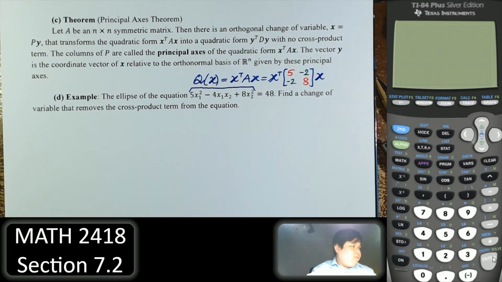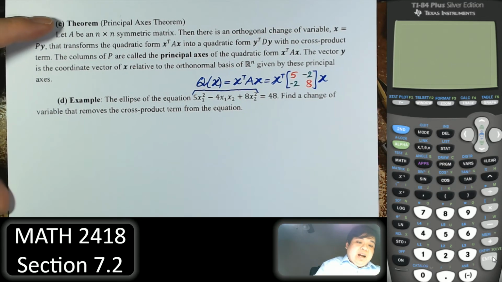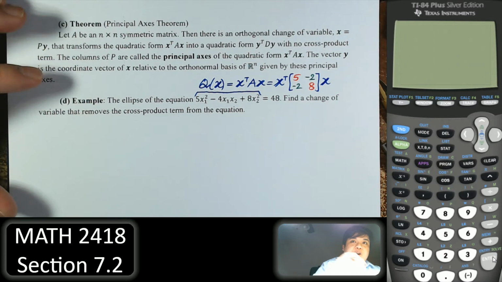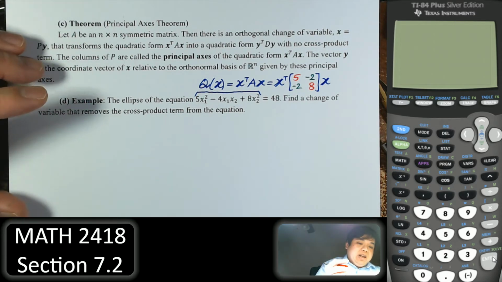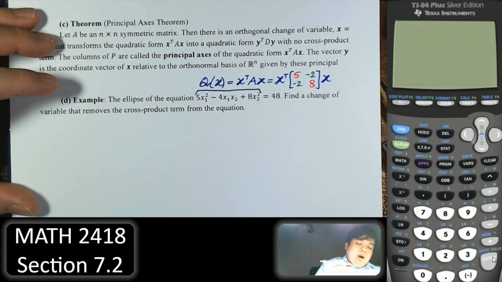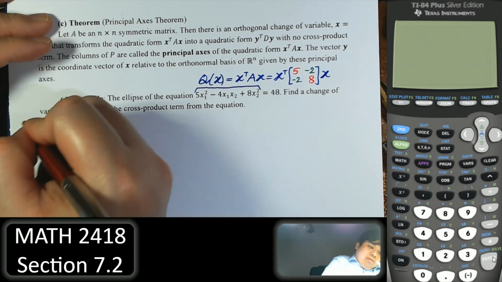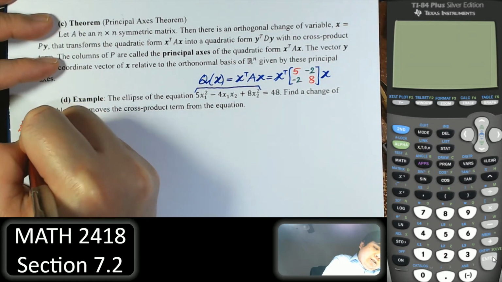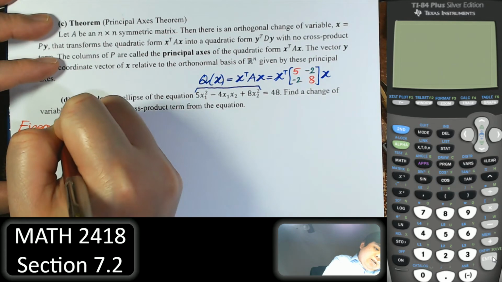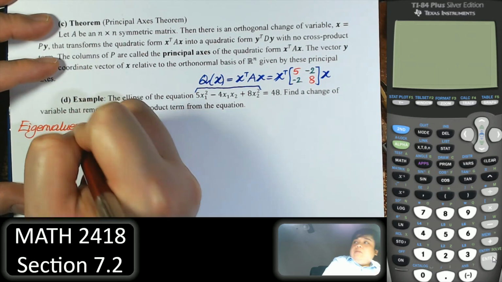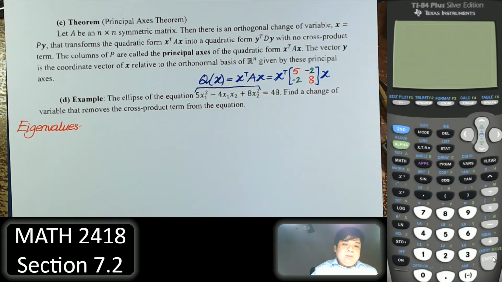Right. So same thing we did before: eigenvalues, eigenvectors, normalize the vectors, and then we can orthogonally diagonalize it. Right. So eigenvalues.